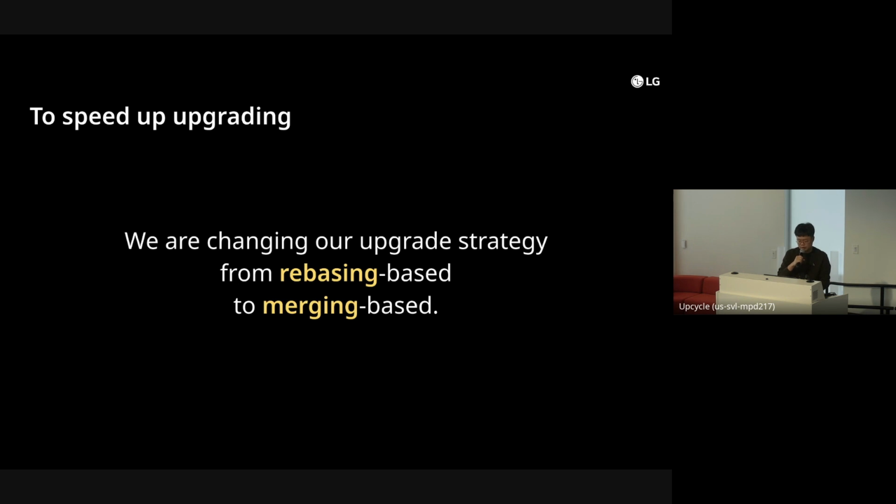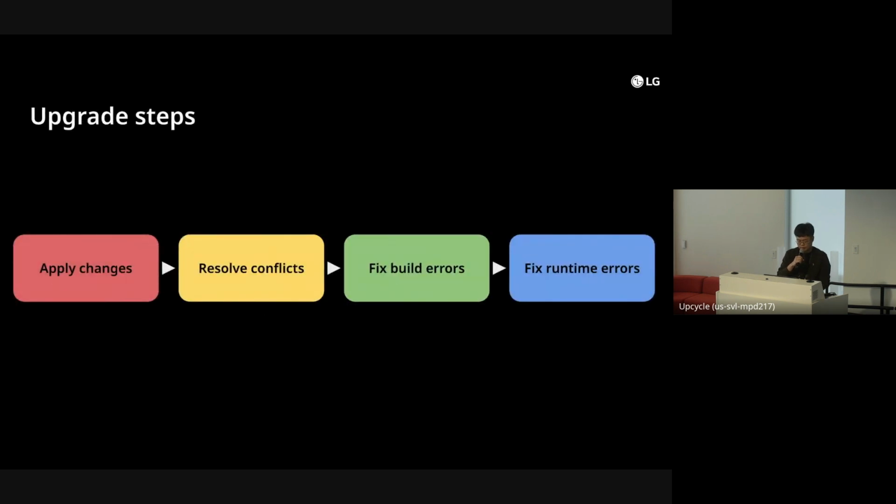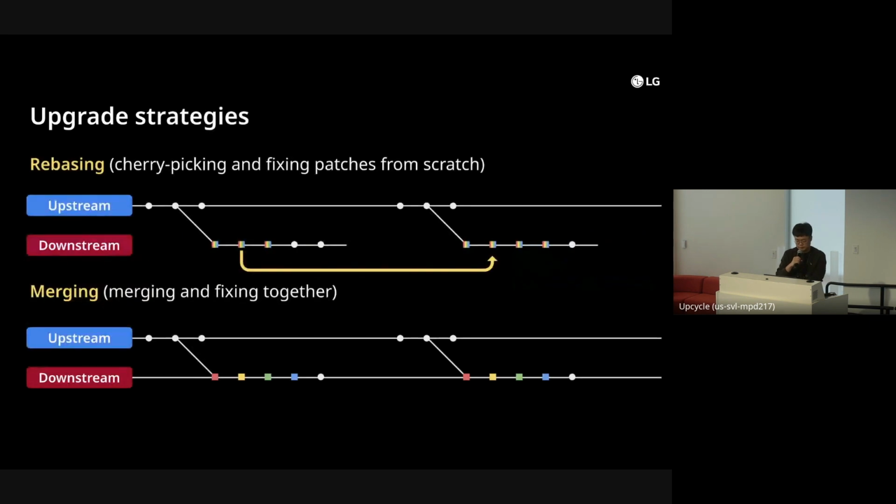So we are changing our upgrade strategy from rebasing based to merging based. When we are upgrading, we apply changes, we resolve conflicts, we fix build errors, and fix runtime errors. In our previous strategy, the rebasing based one, we cherry picked each of the downstream patches to upstream and fixed it.